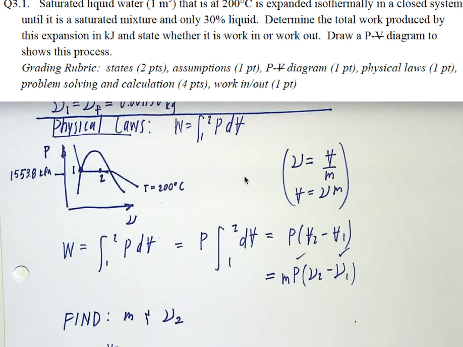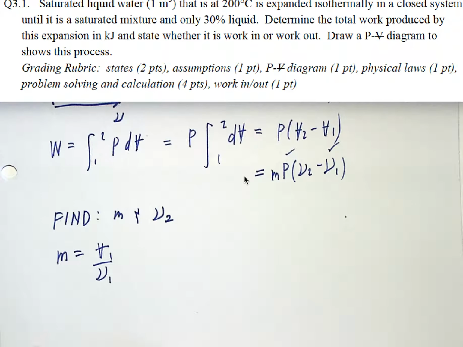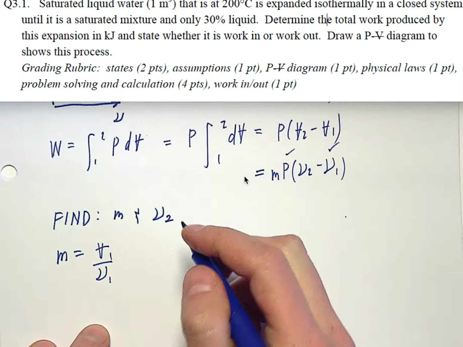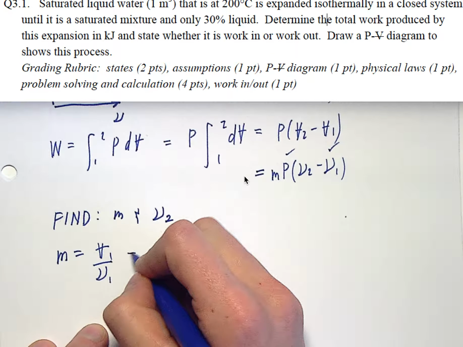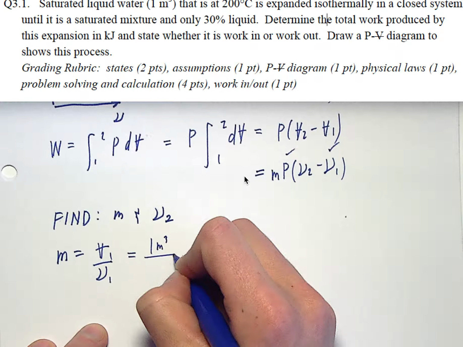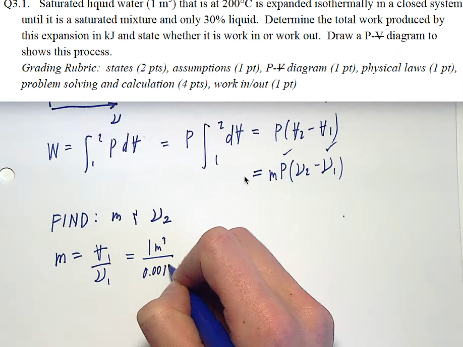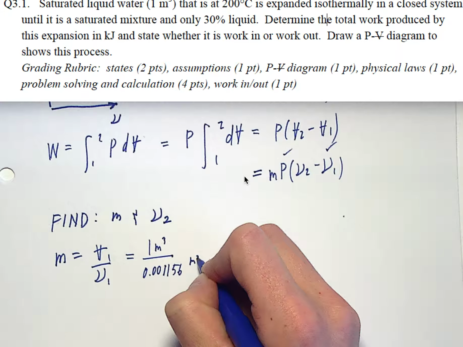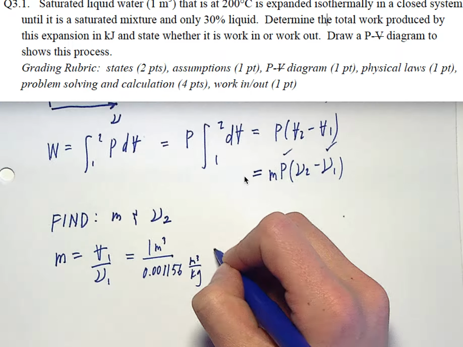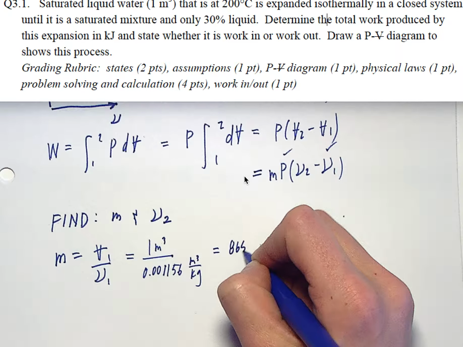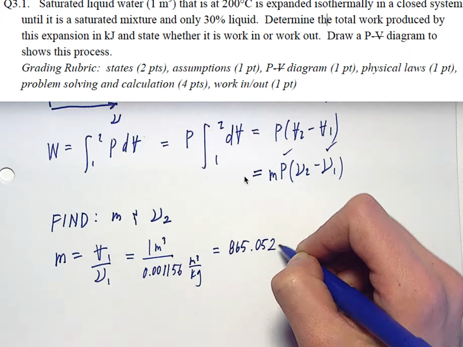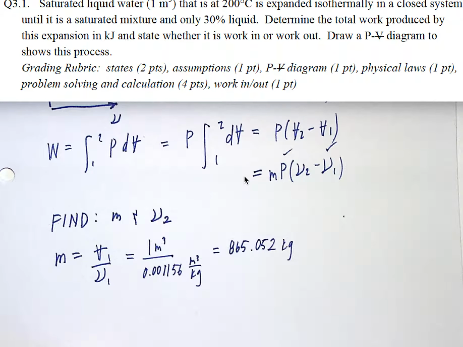We have information about both of those for state 1, so we can plug those in. So we know it's 1 meter cubed over the specific volume we looked up in the tables. And that's going to come out to 865 kilograms.